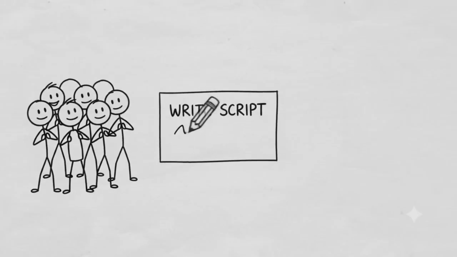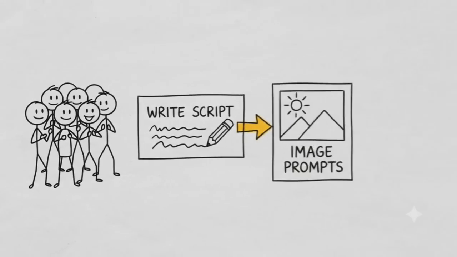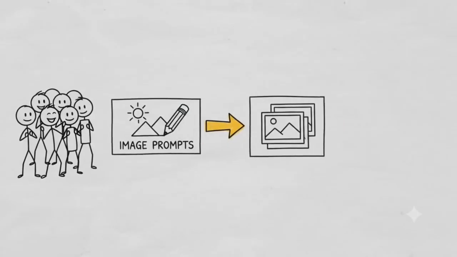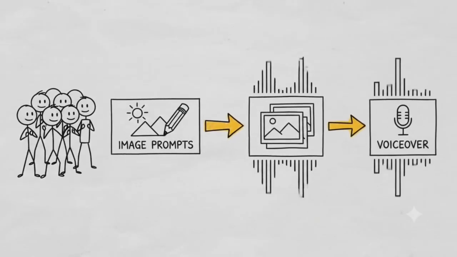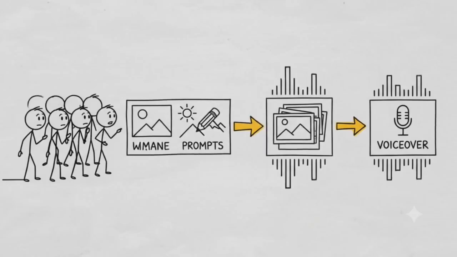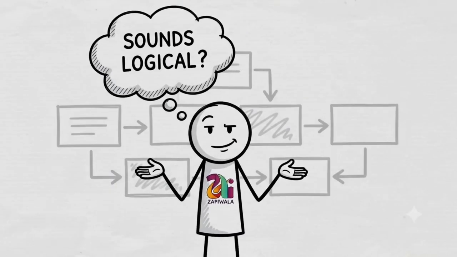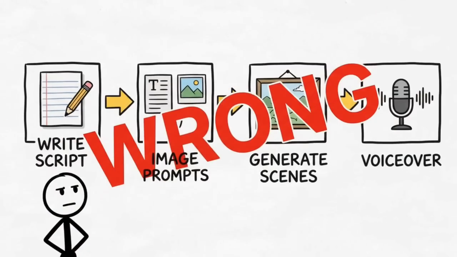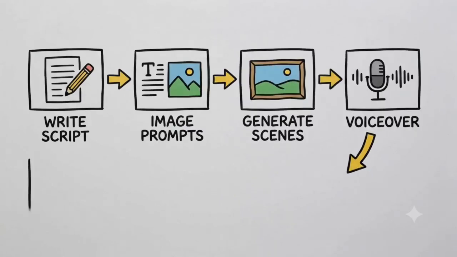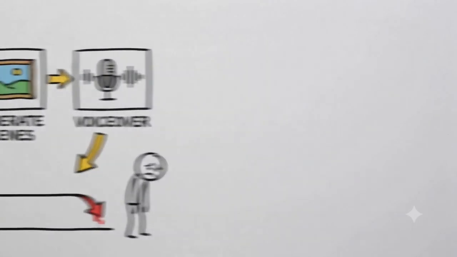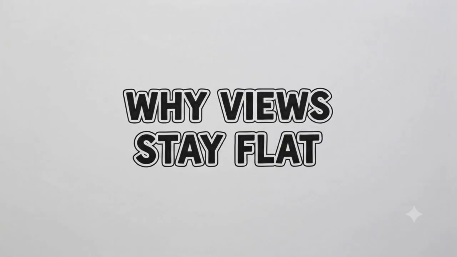Most creators follow this workflow: write script, create text to image prompt for each scene, generate scenes, create voiceover, then try to sync everything together. Sounds logical, right? It's completely wrong. And if you've been following the same workflow, this is exactly why your videos aren't exploding.